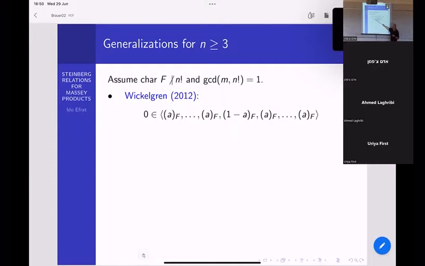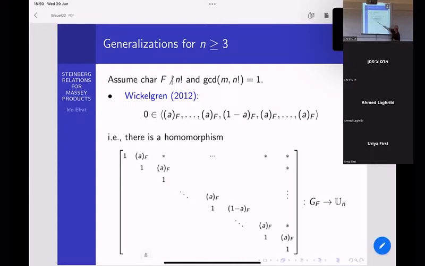In the language of homomorphism, what it means is that there is a homomorphism from GF, the absolute Galois group, to UN, where on the super diagonal you have the Kummer elements as in this list. So A, then suddenly 1 minus A, and then again A. There is such a homomorphism.